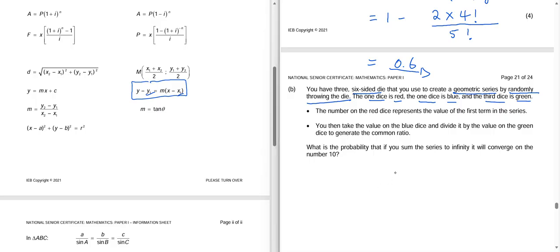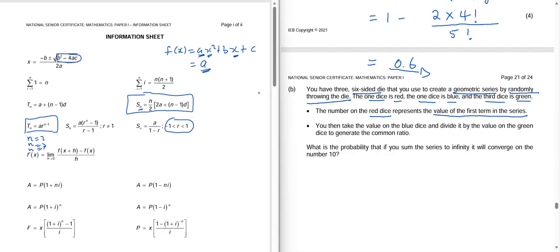The number on the red die represents the value of the first term in the series. So remember, this is a geometric series. So let's go to the formulas. Whenever you have a geometric series, the first term is given by A. So it means the red die is responsible for generating A.